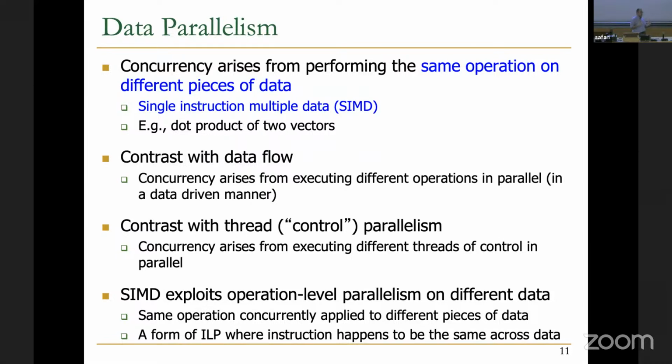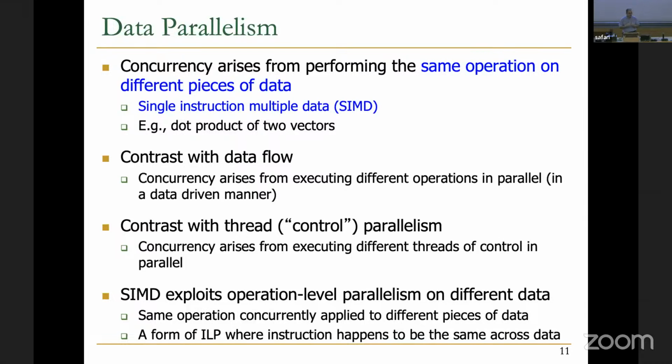But if you also think about the traditional architecture, the architecture that we have discussed so far, like this SISD, essentially you're going to have millions of additions, where each addition operates on different data elements.